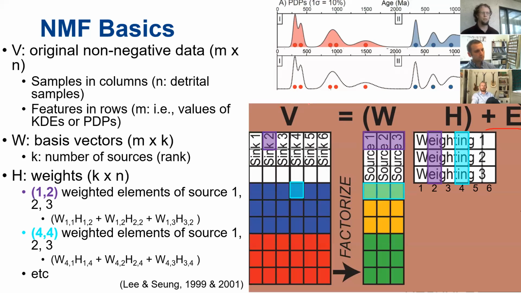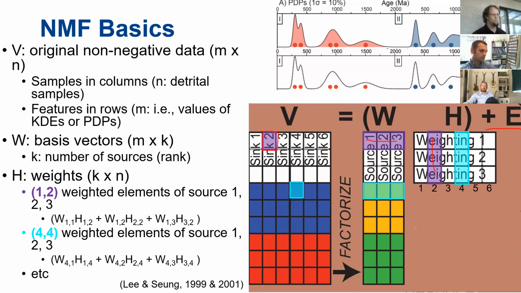So V equals WH plus E, essentially, where if you're looking for the probability of a particular cell, the value that should be in that cell in your matrix or in the Excel file, it'll be essentially the product of that times that. So you can see that down here. It'd be W11 times H12, W12 times H22, W13 times H32.